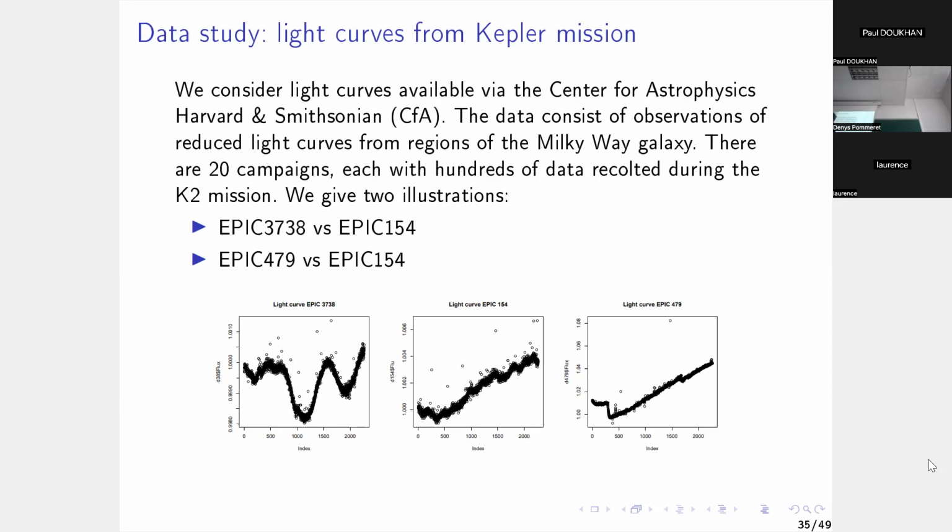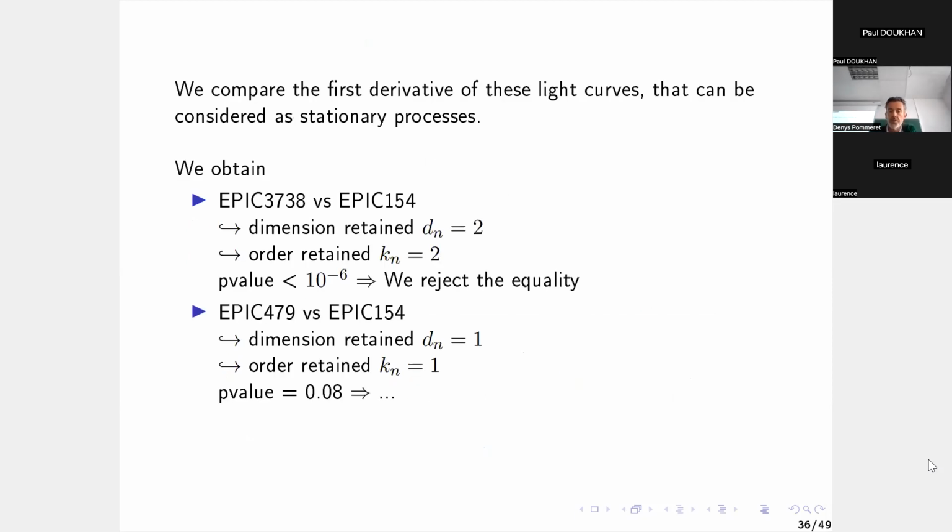Actually, no, the hypothesis is rejected here, so this is not the same. And here, this is the same: there is no detection of difference. Of course, this is very easy, but just to explain that you can. This is the p-value, so this is not equal, and this is the p-value, so you can see that maybe it's equal.